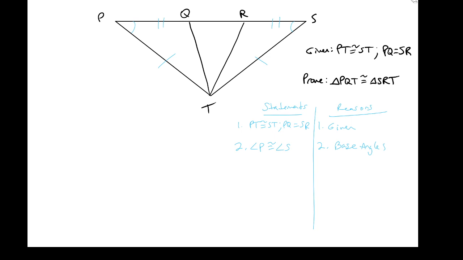On that bigger triangle. So we're pretty much home free, because right here, this angle is included. It's sandwiched between PT and PQ. So we have a sufficient amount of information to say that PQT is congruent to SRT. And the reason we can do that, of course, is our side angle side congruence postulate, which we have the included angle P and S.